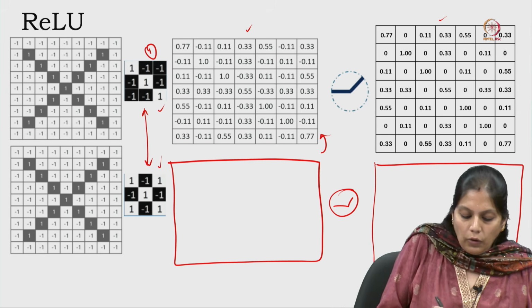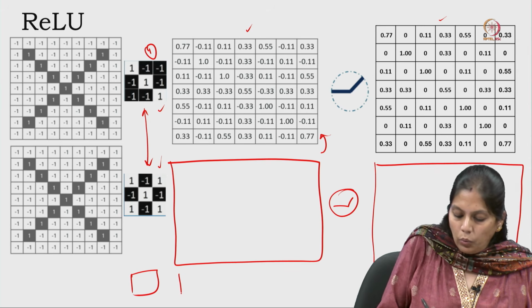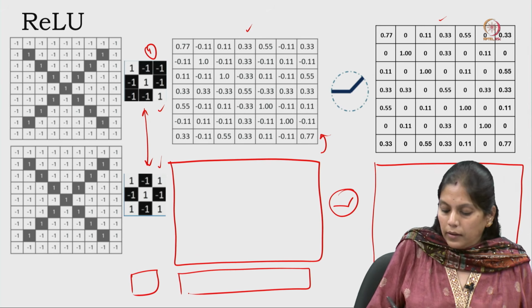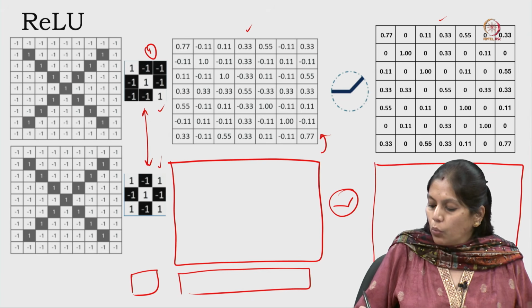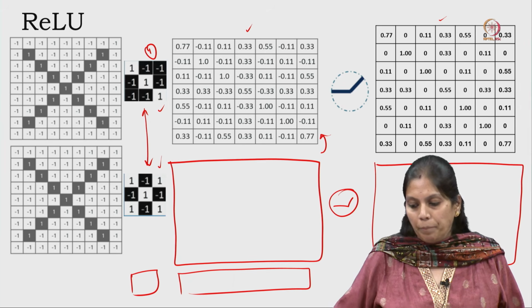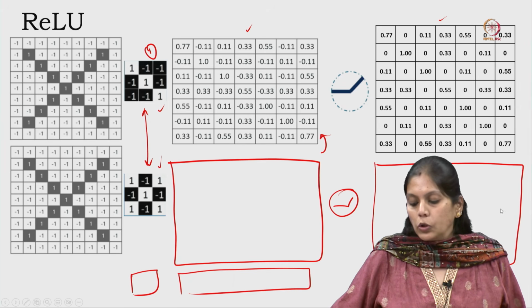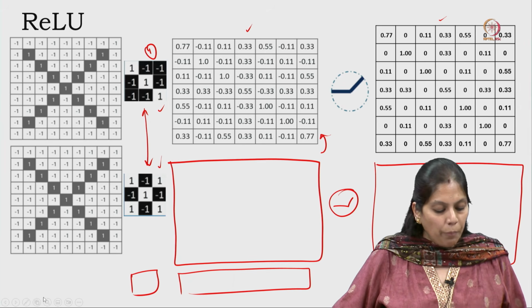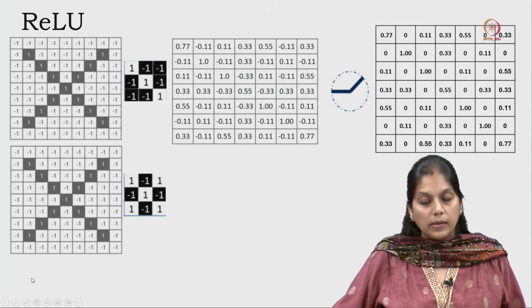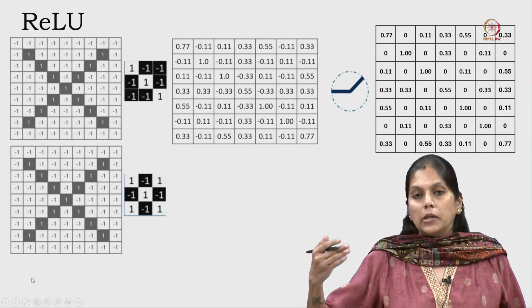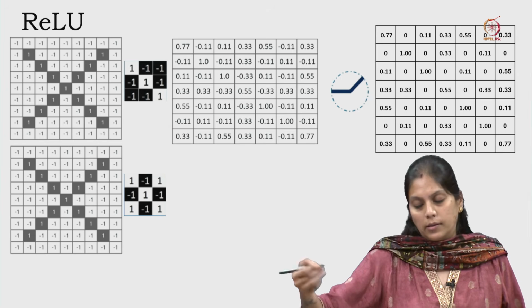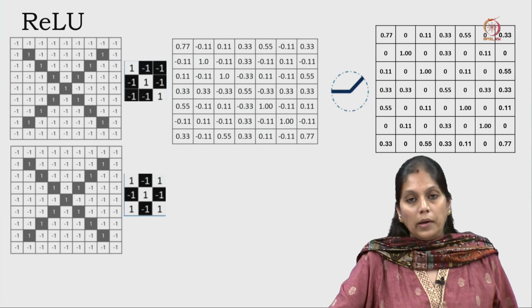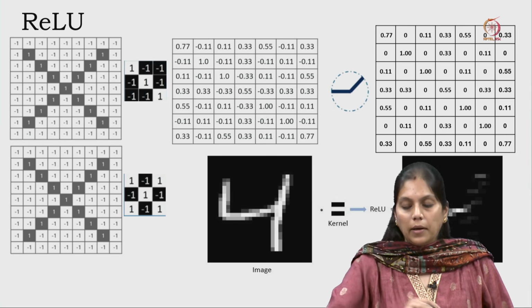Similarly, if you take one more kernel, you will get one more square matrix, and here also you will get one more feature map, and after you pass it through ReLU, you will get one more. So, the more such kernels you apply, the more such matrices of this kind you will get. Let us see this with an example.